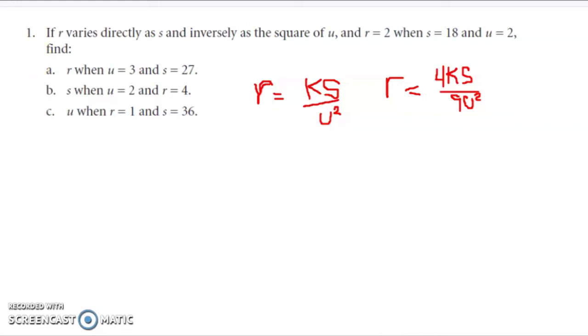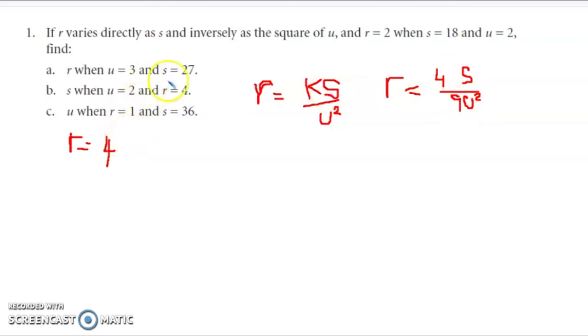Okay. So let us have A. R is U and S is 27. So by substitution, we solve for R when U is 3. So we simply substitute. K will not be written anymore because we already have the value of K, which is 4 over 9.